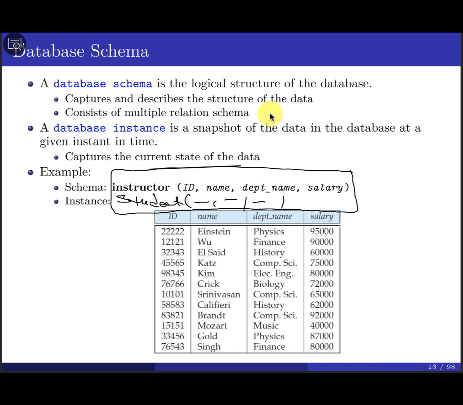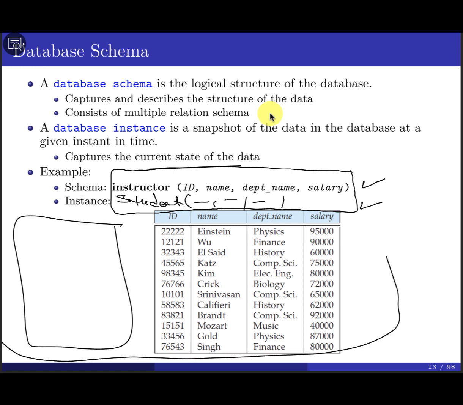The instance of the database is the snapshot of all the data in the database in general. So in this case, since we assume that we have only two relations, I need to take the instance of the instructor and the instance of the student, put them together, and say this is the instance of the database that we have. Clear? Just generalize what you have here.